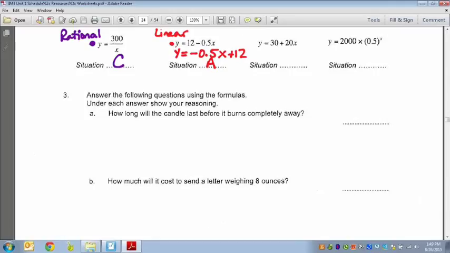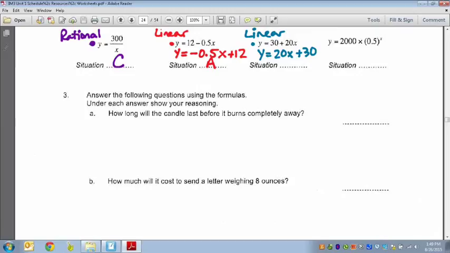All right, the third one here, which I'll do in blue, 30 plus 20x. Again, just like the one we just did before, if I rewrote it like this, hopefully you would say, oh yeah, this is a linear equation as well. So this is linear. And the other linear equation we were talking about with a positive slope was the cost of sending a letter.